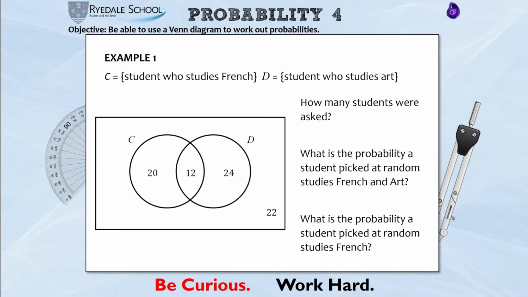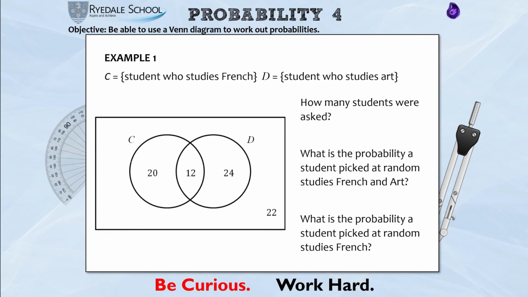We have some students that study French but not art, some that study both, some that study art but not French, and some that study neither. This intersection here is the students that study both French and art.